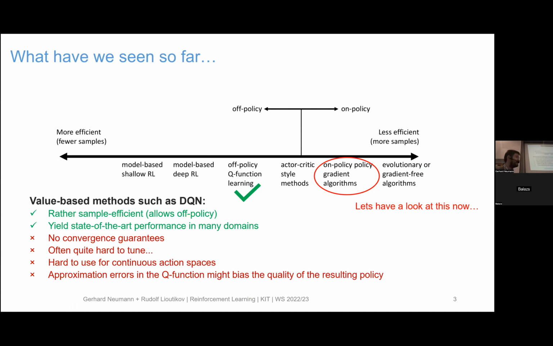It is on this axis that we have also already seen, more on the right here. So it's on-policy, which means it can only use samples from the current policy. Which means it's rather sample inefficient, but has less bias.